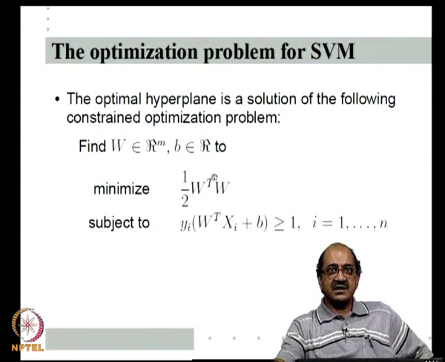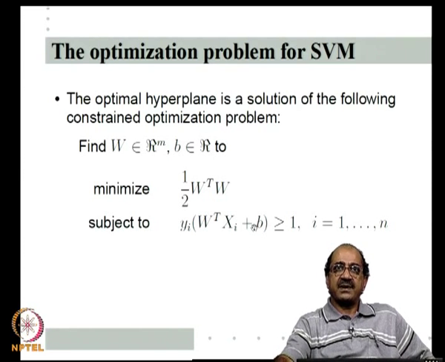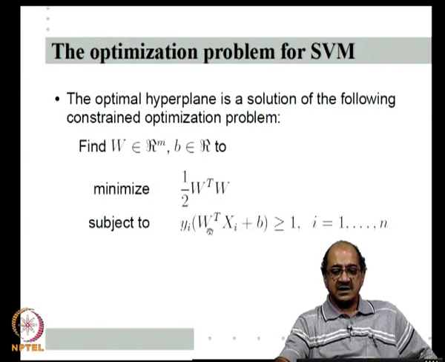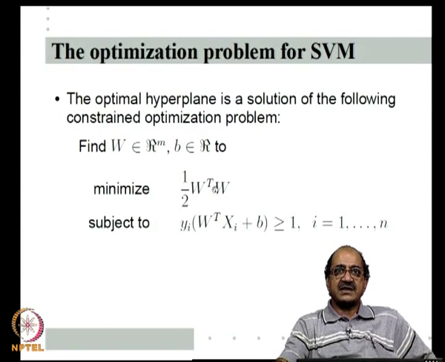So, by minimizing this we maximize the margin, and we minimize this over only those W, b which represent separating hyperplanes. Okay. So, that is how the optimal hyperplane is a solution of this problem, where you are saying find a separating hyperplane, those are my constraints, such that it has the maximum margin, because margin is the inverse of this. To maximize margin we are minimizing this.